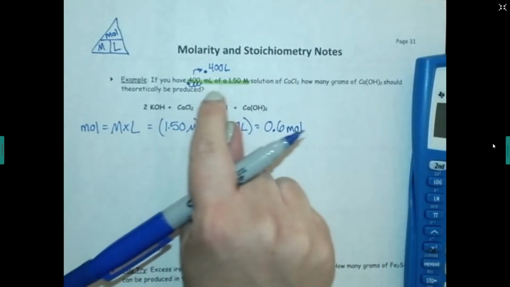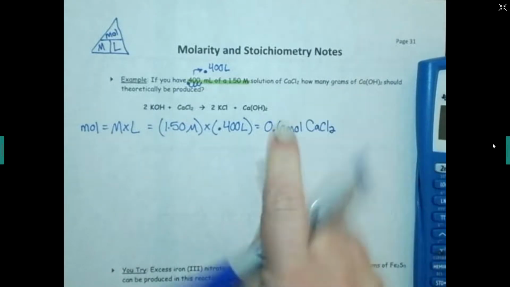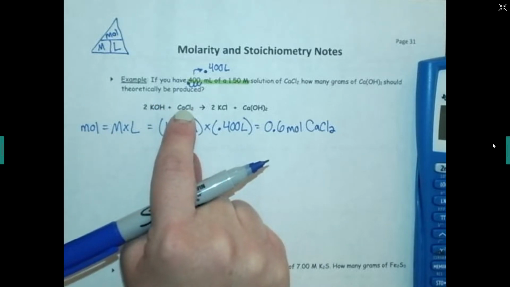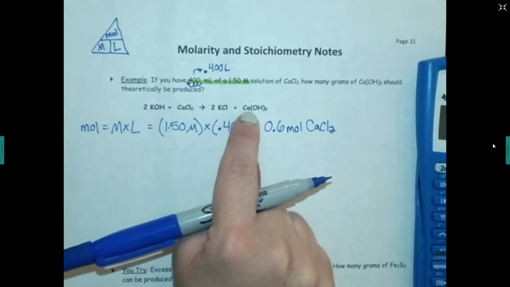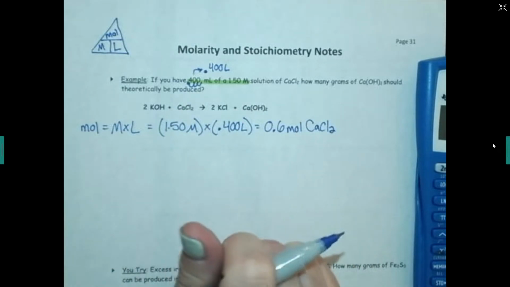Moles of what? CaCl2. That's important, so keep track of your substances. This is how many moles of CaCl2 we have. We need to figure out how many grams of the other substance we have, so we're going to take moles of this, go to moles of that, and then convert to grams. So let's do that stoichiometry problem.